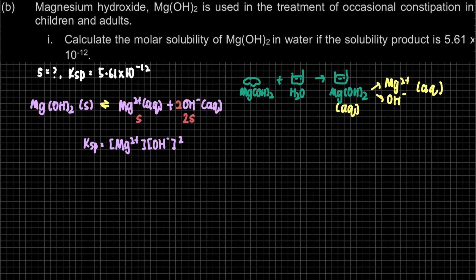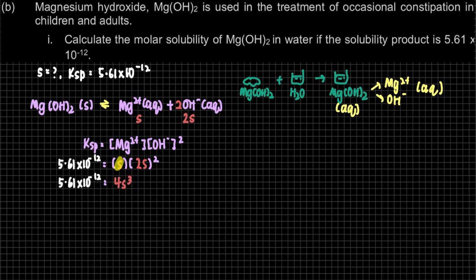Then we can substitute. Ksp is this value, Mg2+ is s, OH- is 2s, and don't forget the power of 2. Why is it 2s? Because of our balanced equation. Here, the square is also from our equation. So here it will become 4s cubed.